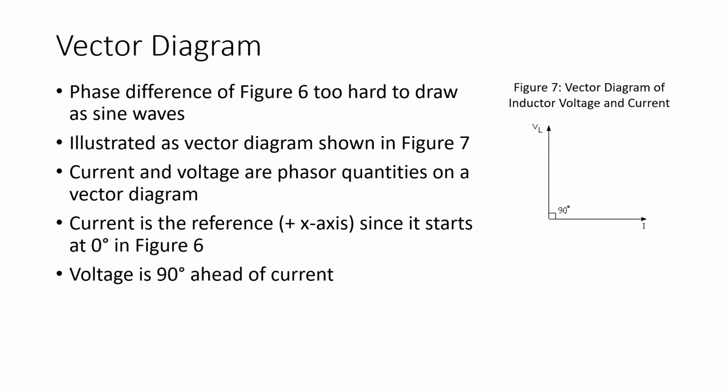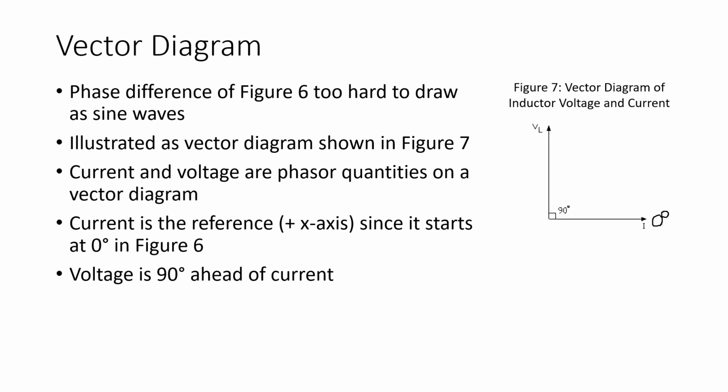In other words, current is placed on the positive x-axis, or this point on our vector diagram is our reference point, or 0 degrees. And since voltage happens 90 degrees ahead of current, we put the inductor voltage on the positive y-axis, so that it is 90 degrees ahead of the current.